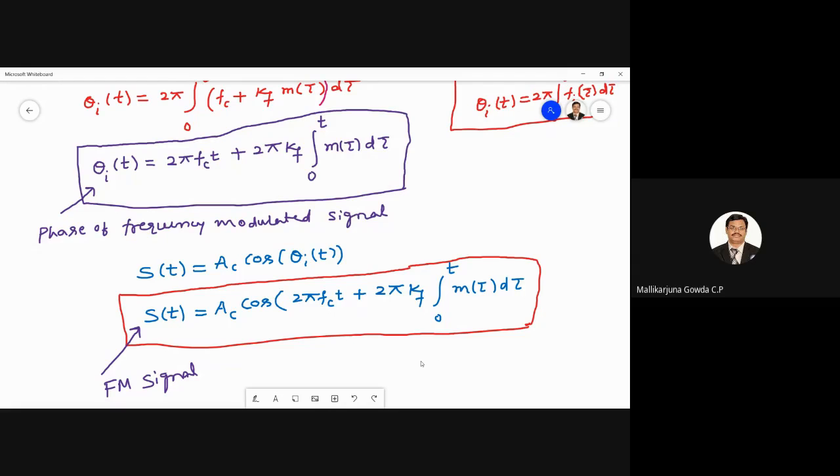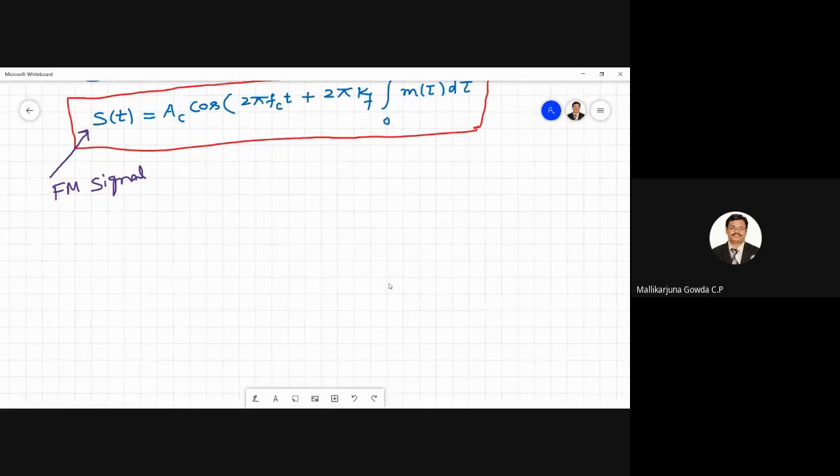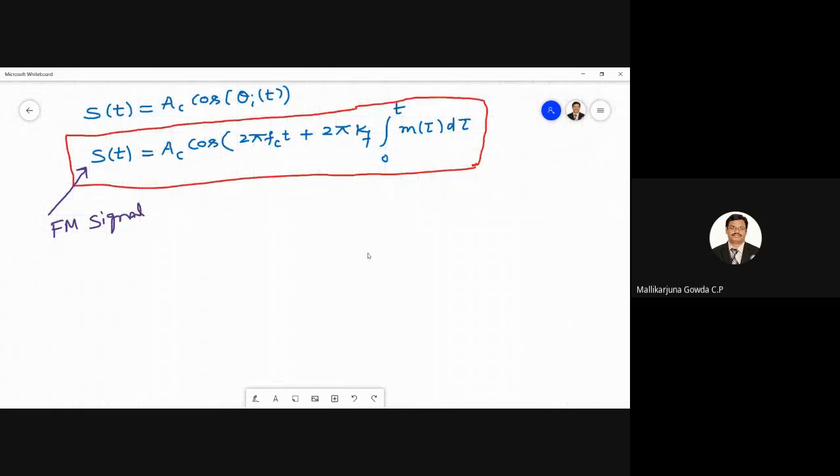So let us try to understand in what way this PM and FM are related. Is it possible to say clearly what is the difference between FM and PM? Before that, let us try to understand what is this frequency deviation as well as the phase deviation. The frequency deviation means the maximum change in the frequency of the carrier signal from its unmodulated value.